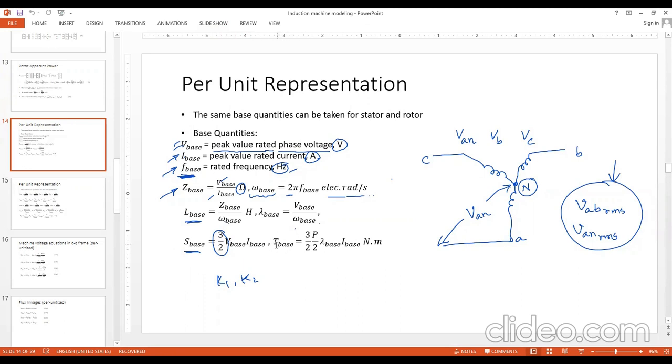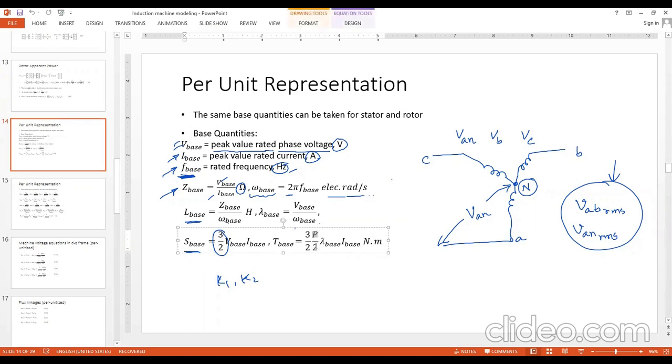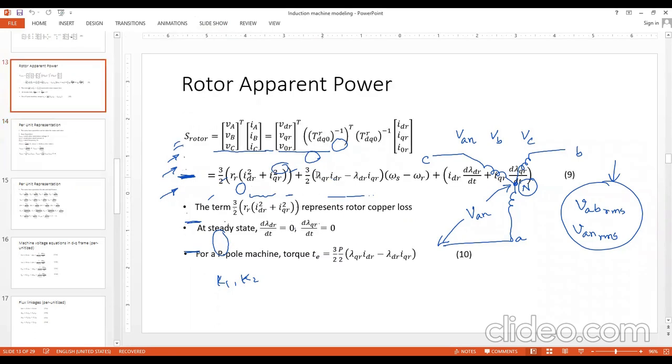And again, torque base is represented also with the help of the pole pair or number of poles present in the system. And because it is lambda I, you can clearly see the lambda I term will give you the torque, TE, where you have lambda multiplied by I. Some form of multiplication of lambda into I, that would be your torque.